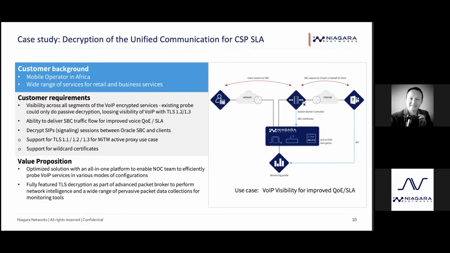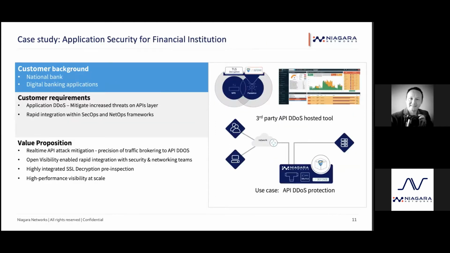If you look at protecting a single server, or specific deployments like the session border controller, where we can have a lot of sessions, but the actual traffic that is decrypted per session is relatively low.